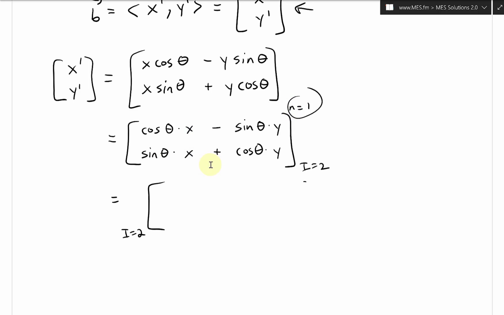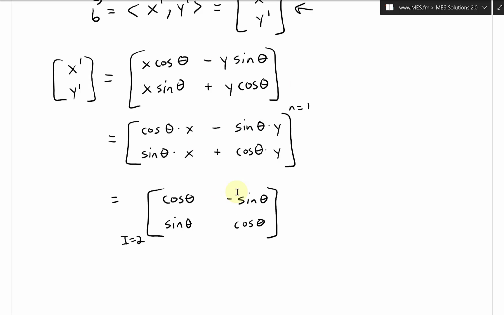So let's start off with what we have here. It should be pretty straightforward. Let's take out the cosine theta, and this minus sine theta, and put that as a 2 by 2 matrix, and then the next row, sine theta. This is going to be our m equal to 2.